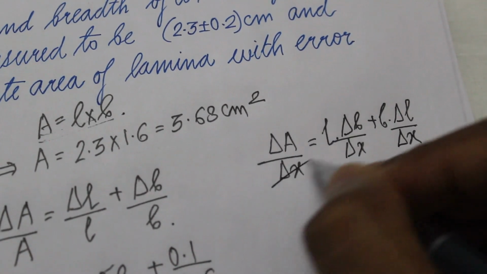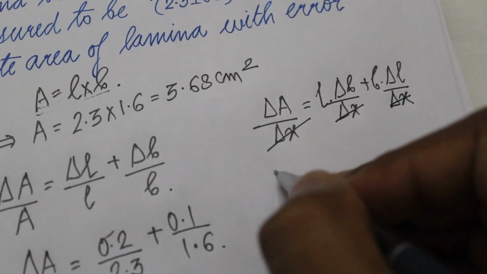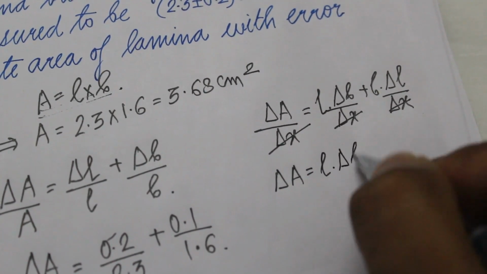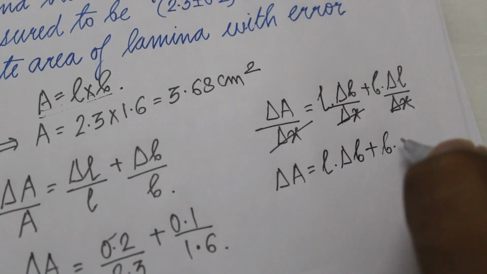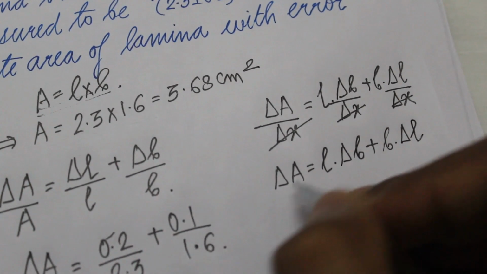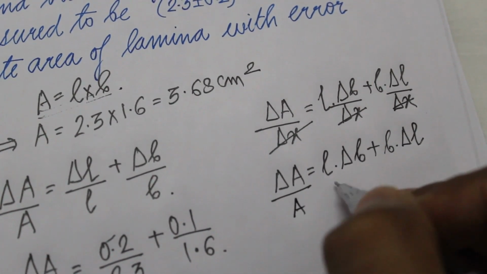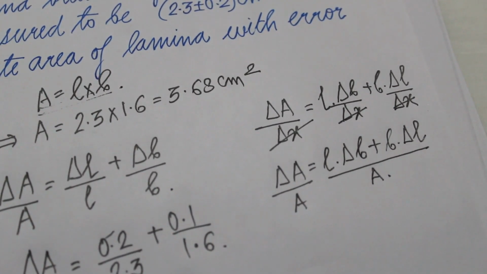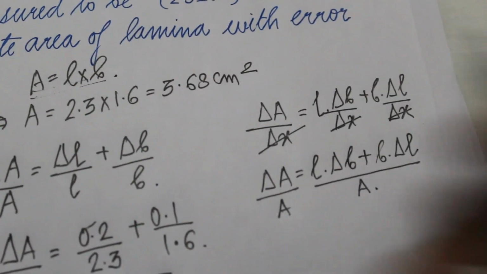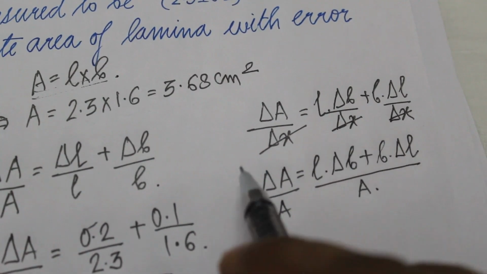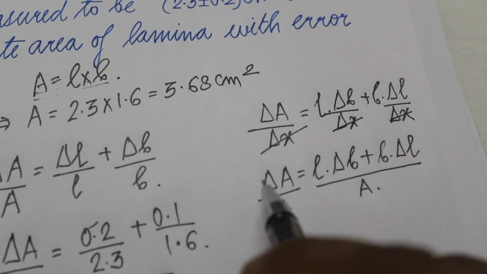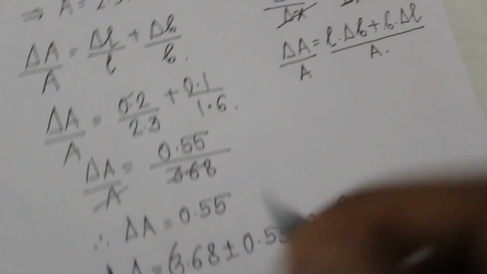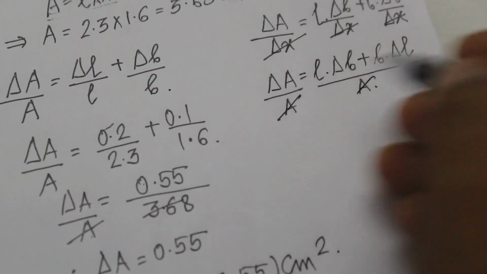So if I cancel out this, I'll get delta A is equal to L dot delta B plus B dot delta L. If I divide both sides by A, now using this, if you try to solve, you'll get the same value, that is 0.55. Let's check.